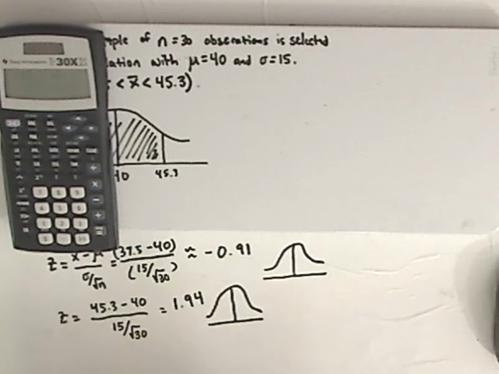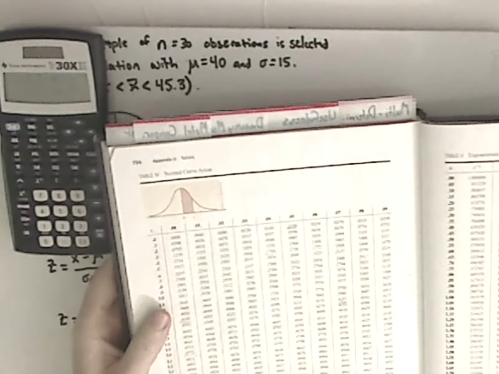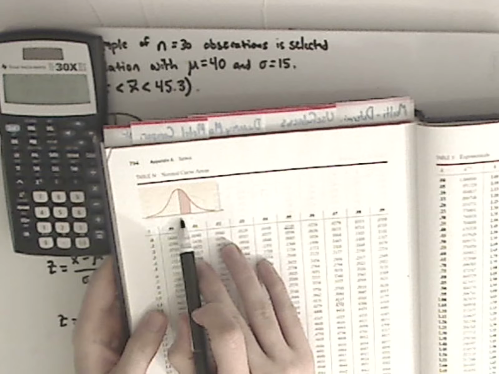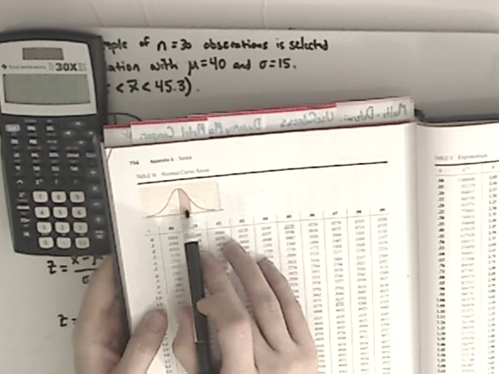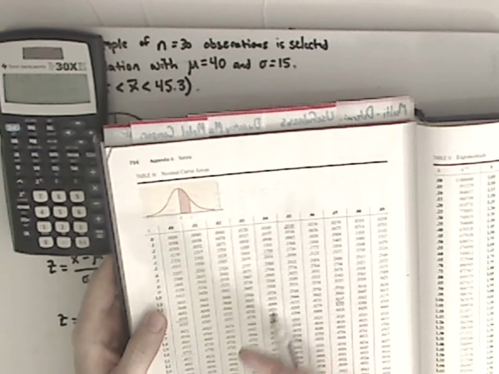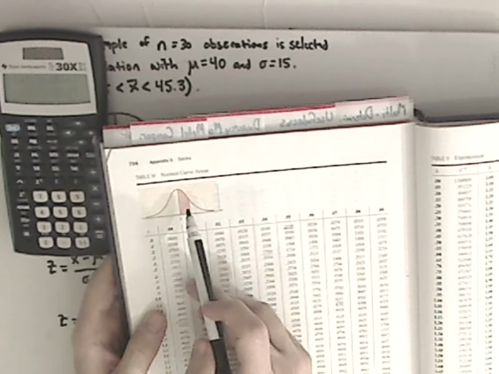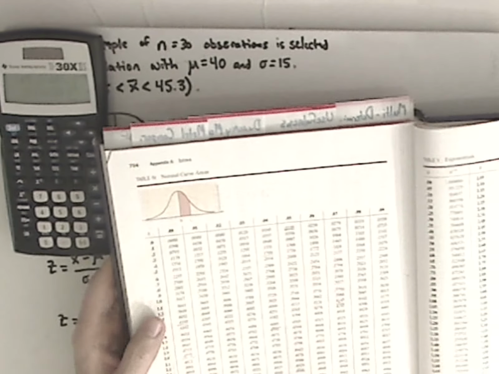If I look in the back of the textbook that I have here, I have between 0 and the z, that's the area that it gives me. It's going to differ from textbook to textbook, so always look at the picture when you're looking at these tables.